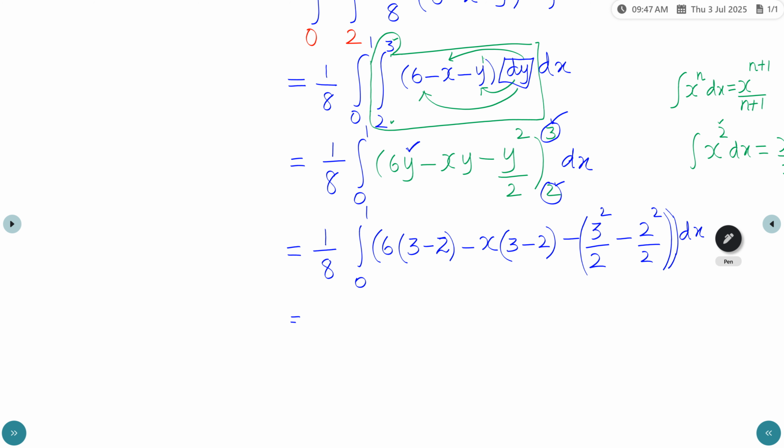Next step, 1/8 into the integral from 0 to 1, 6 into (3 minus 2), that is 1, minus x into (3 minus 2), that is 1, minus, the value is 3 squared, 9 by 2, minus 4 by 2, into dx.